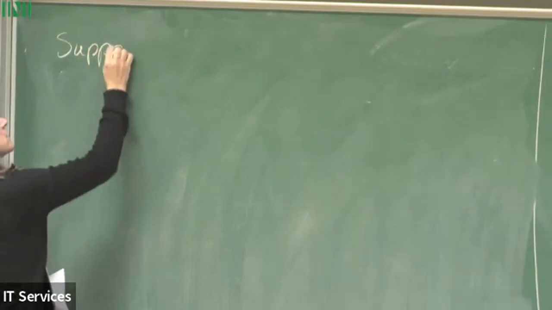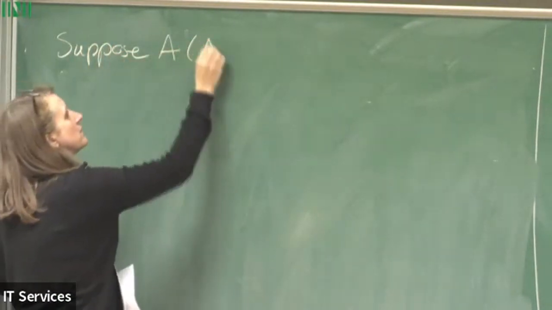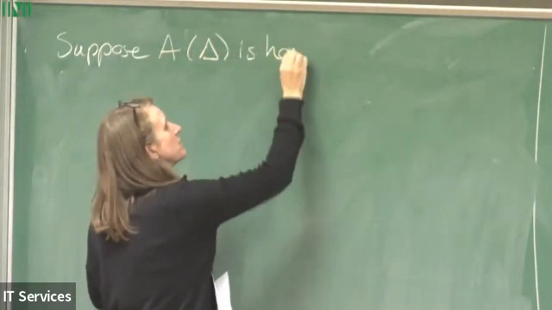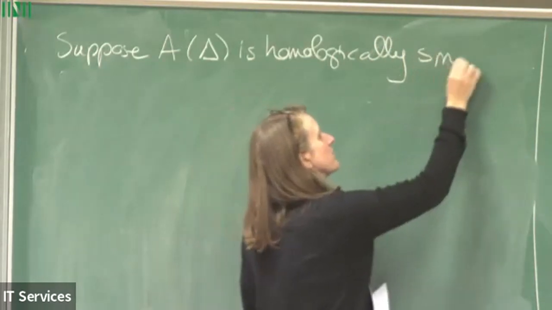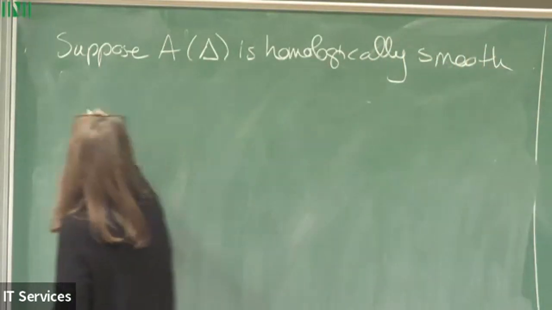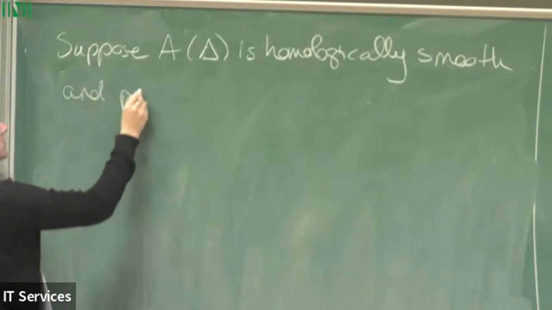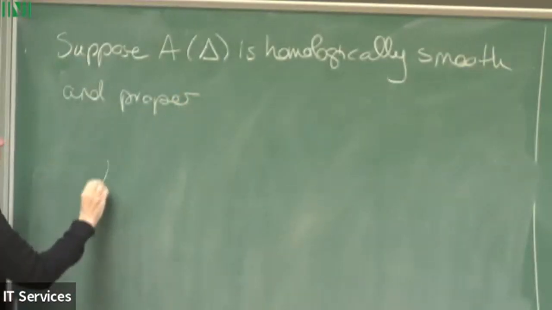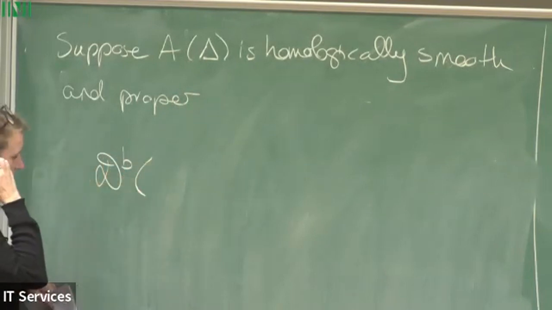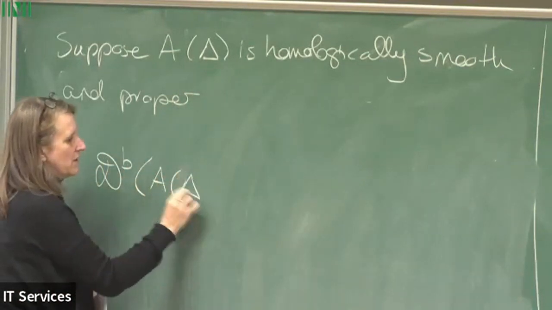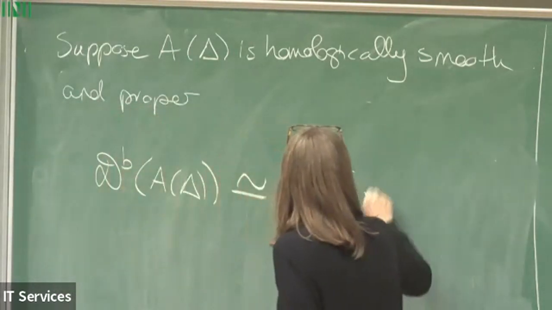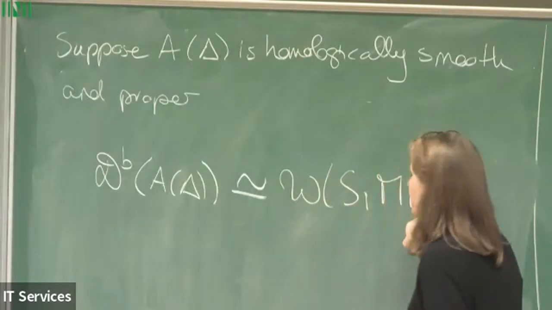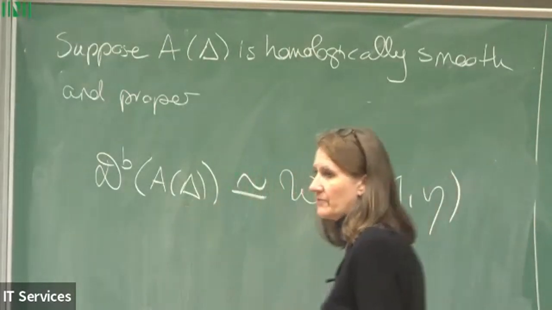Okay, so suppose that this is homologically smooth and proper, then this derived category with finite total cohomology is triangle equivalent to the partially wrapped Fukaya category of the surface with the line field that is induced by the grading of the ribbon graph.